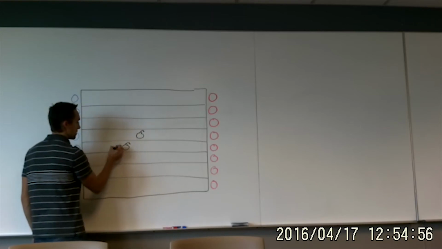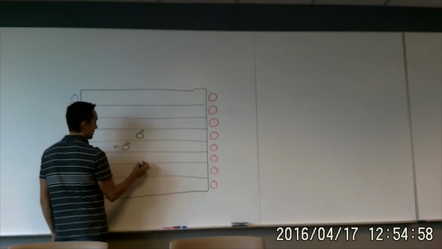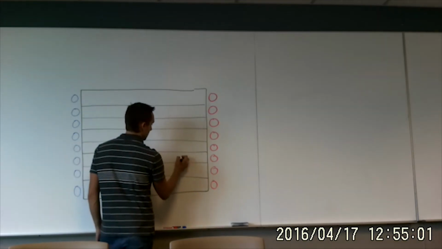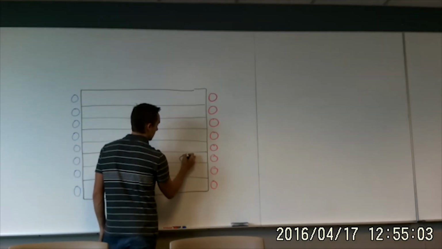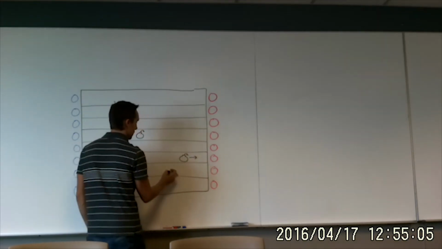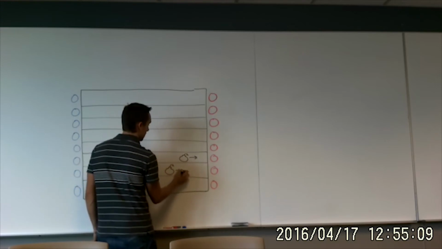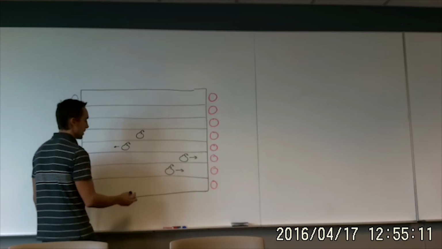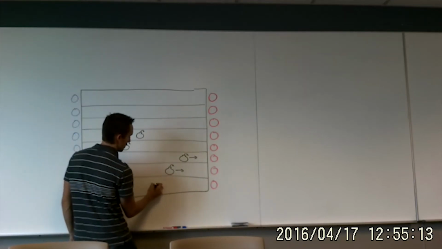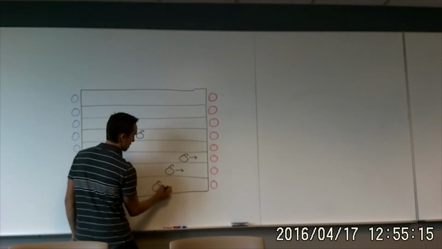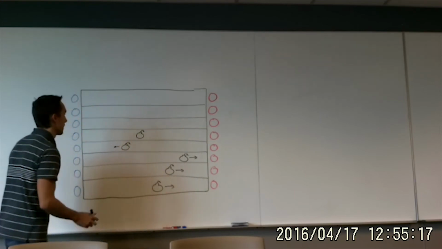This bomb's coming this way. This bomb's standing still. We've got a bomb here that's going this way, a bomb here that's going this way, and a bomb here that's going this way.